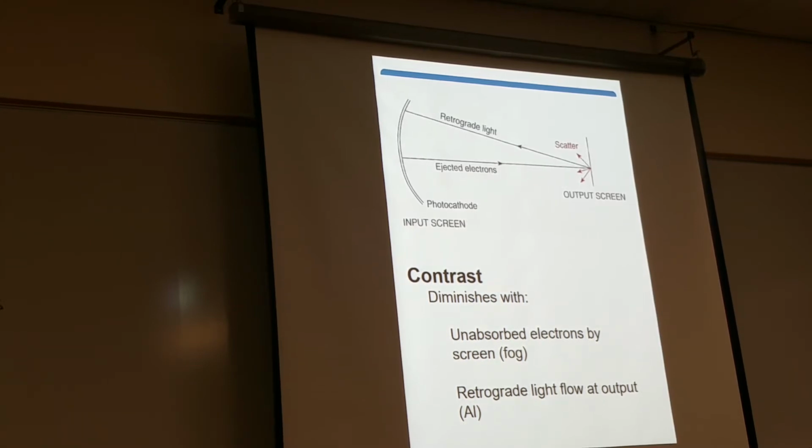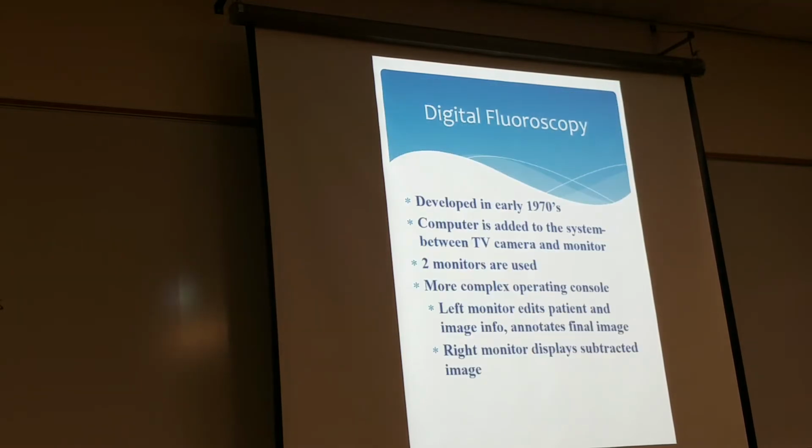And again, we can adjust contrast a little bit on our computer monitor, just like you can on your computer monitor. So digital fluorography, look at this, 1970s. When did we digitize X-rays, routine X-rays? It was like the 90s?